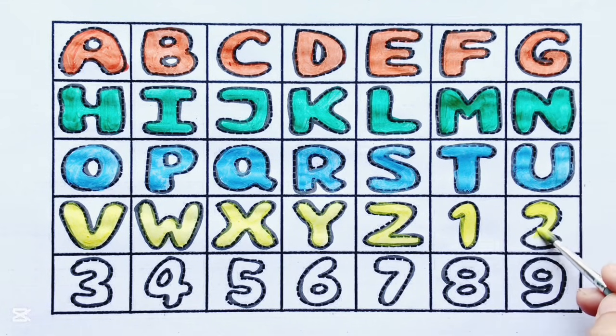Alligator. 2. Ant. Brown color. Number 3. Art. Apple. Angel. Address. Number 4. Answer. April. Autumn. Ambulance. Airplane. Arrow. Alligator. 5.